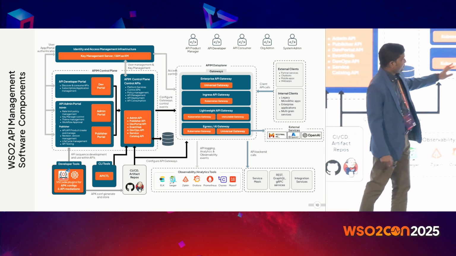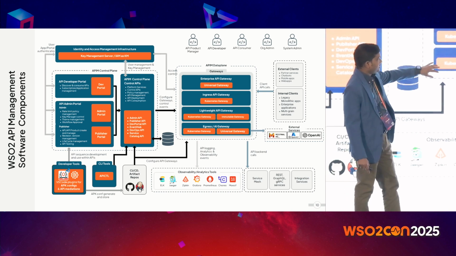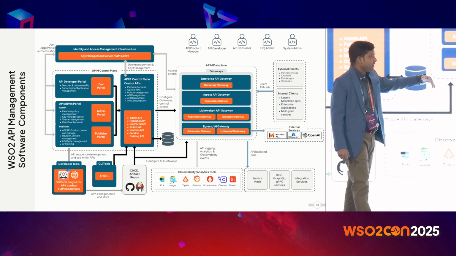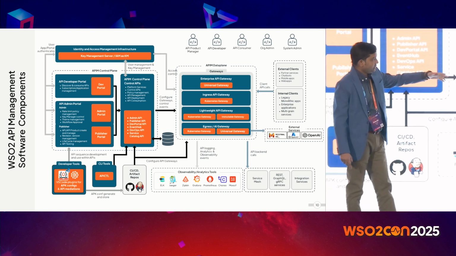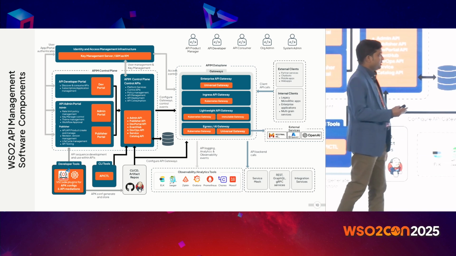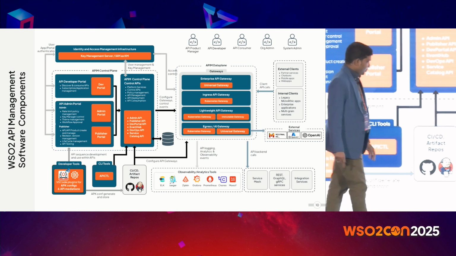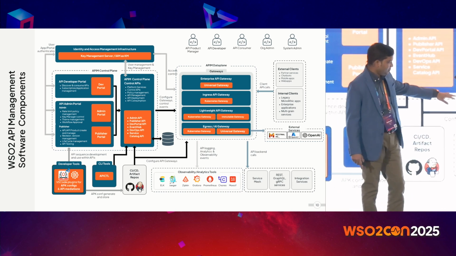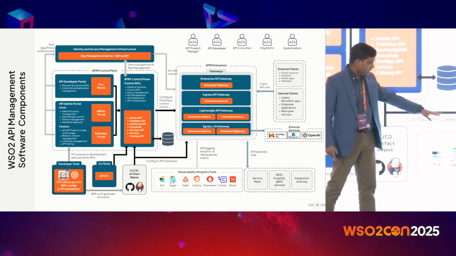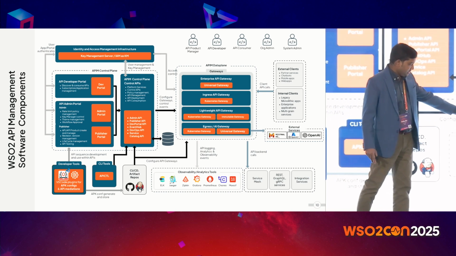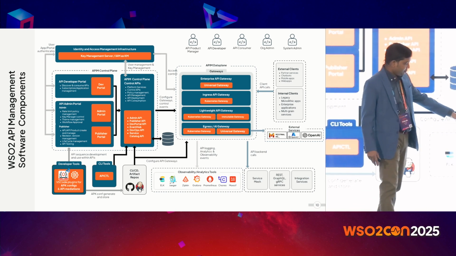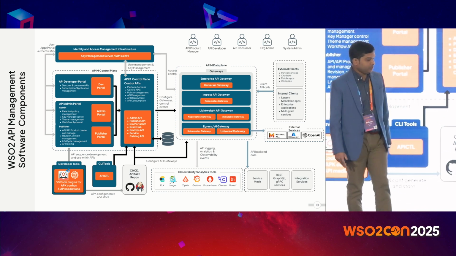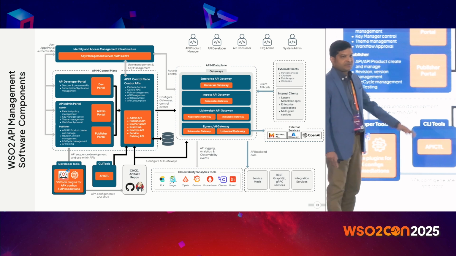The idea here is that from these gateways, you can connect to multiple different external services, like LLMs. On top of these, we have API logging, analytics, and observability powered by these stacks: products like ELK, Jaeger, Zipkin, Grafana, Prometheus, and Choreo Analytics, and we also have integrations with Moesif.